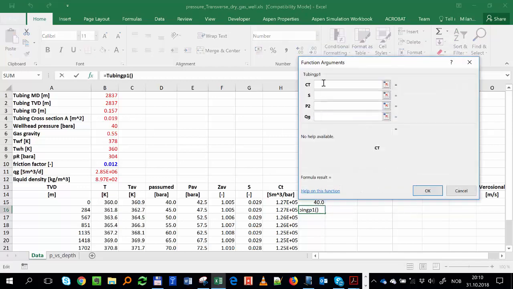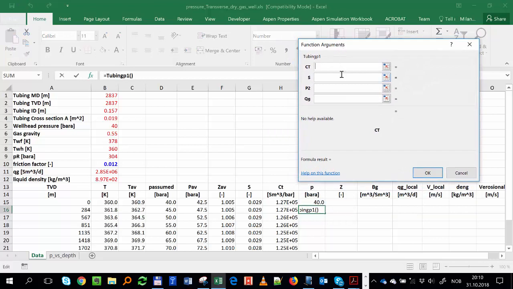Tubing P1. First, we have to take the CT, and be careful. Here I have to use the CT from the segment, which is the first segment. I have to use the S also of that segment. Now each segment will have their own CT, and I cannot block it. I have to drag it, and it will use the CT of the segment that it has to take. P2 is the pressure at the discharge, will be this one.